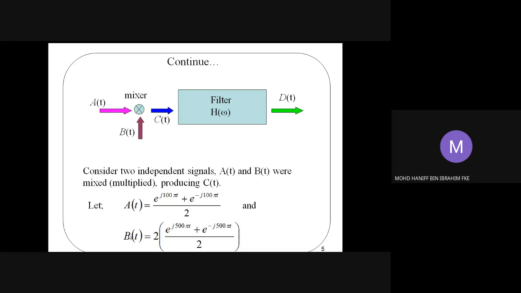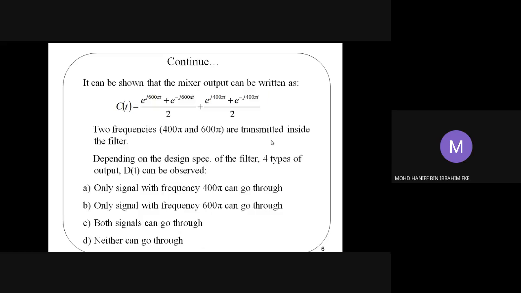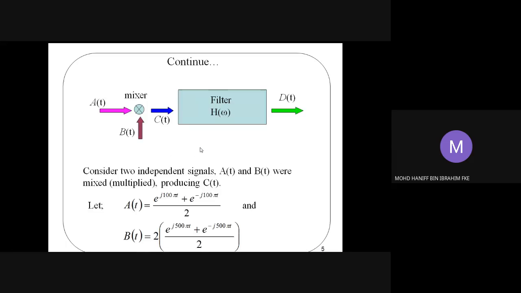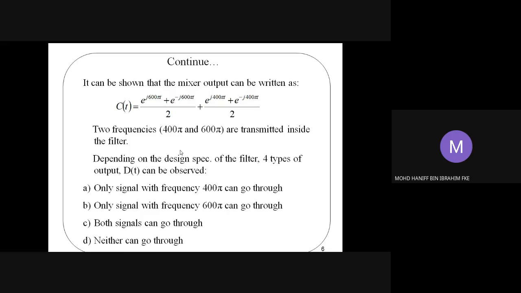Based on these values of a and b, we are supposed to get c(t), which is the result of multiplying both signals. c(t) should be written as this, with two different frequency values, the 600 pi and the 400 pi frequencies, because of the operation between two cosine functions. So if we go back to the previous slide, and refer to this filter, two signal frequencies will pass through, which are the 400 pi and 600 pi frequencies.